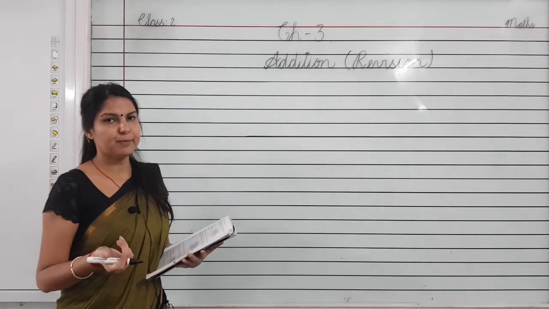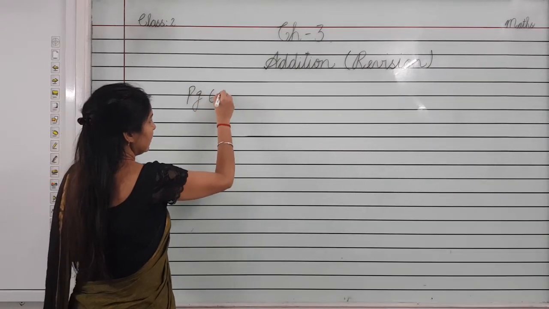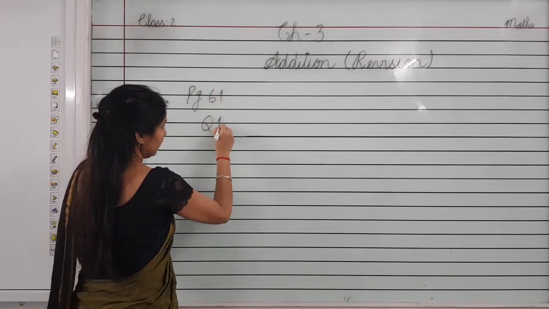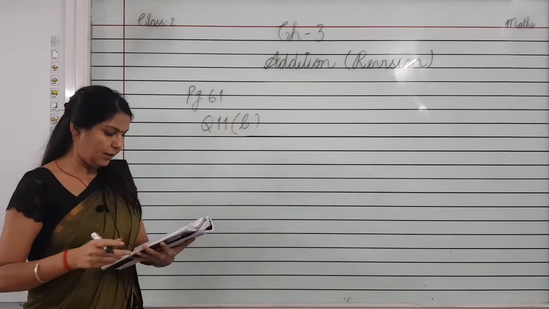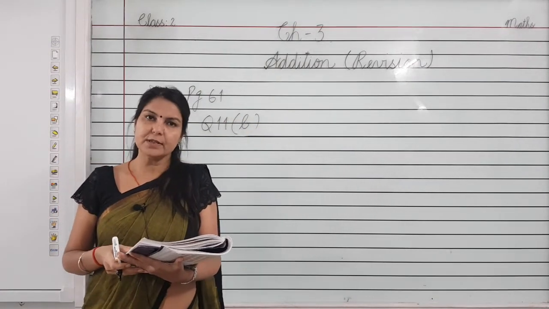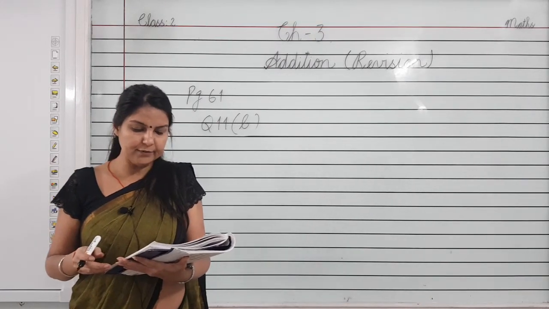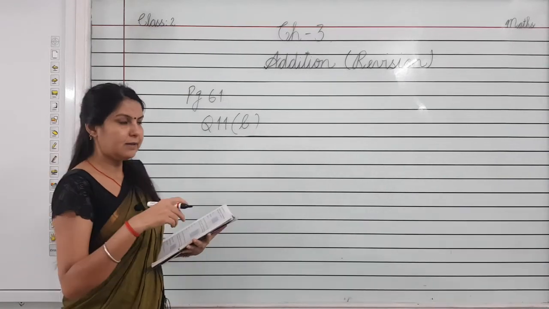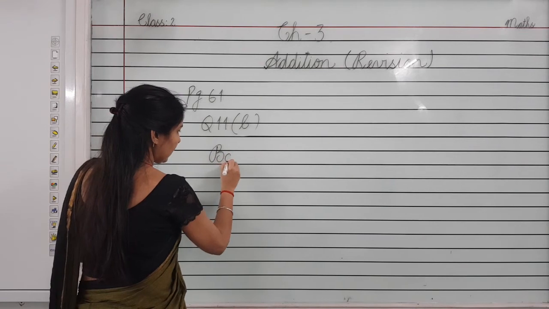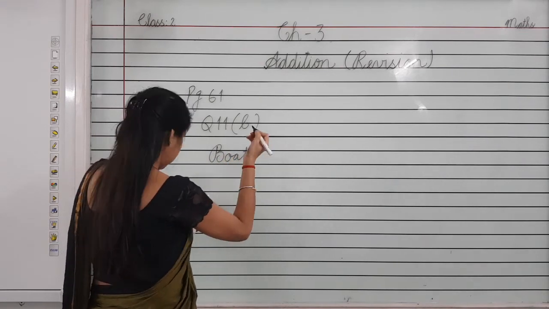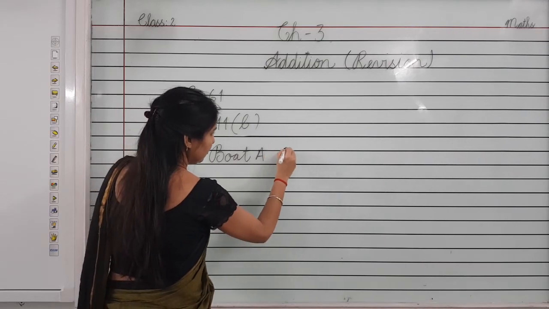We will revise a word problem. This is on page number 61. Question number 11, part B of this question. Now I will read the statement which is given in the book. Fishing boat A caught 173 fish. We will write it as we are reading. Boat A, how many fish did boat A catch? 173.